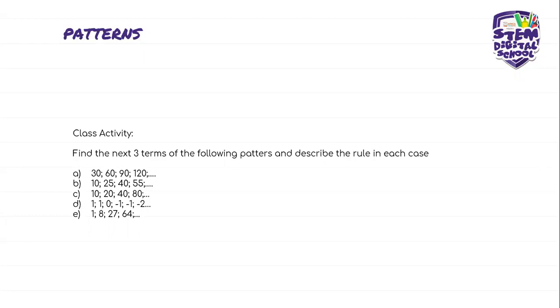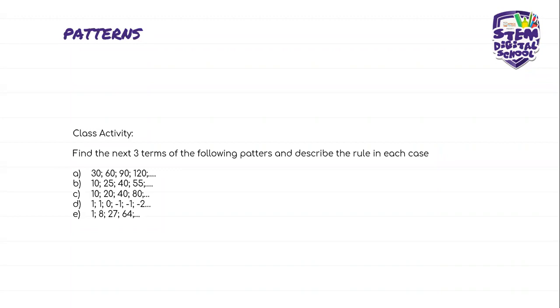Right, I see that Nazia has proceeded now to do C already. Let's finish B quickly. I think Nazia also did B for us, where Nazia has 70, 85, and 100. What is the rule there, Nazia? Can you give us the rule? Yes, Junior has given us the rule again.